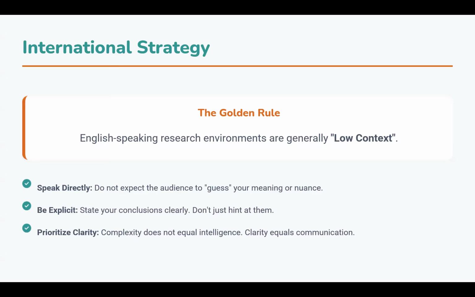The second aspect is be explicit. When you state your conclusions, state them clearly. Don't try to hint at them, or rather, don't try to wrap them in other garnishes. Just explicitly speak of your conclusions. And in your communication, make sure that you prioritize clarity.